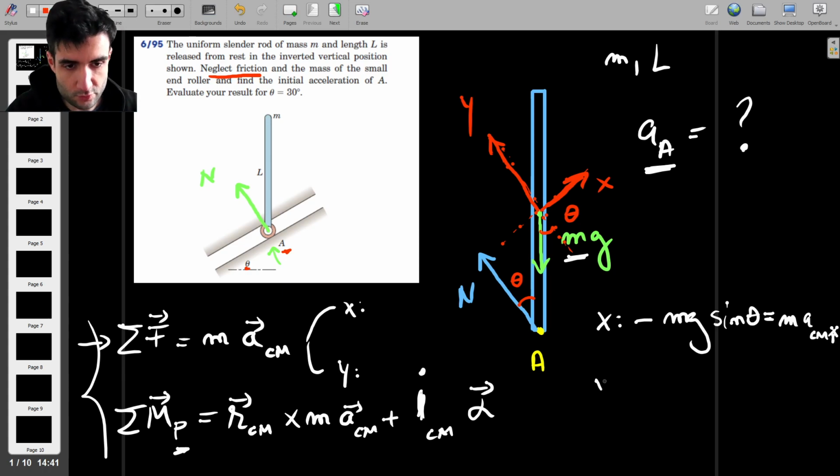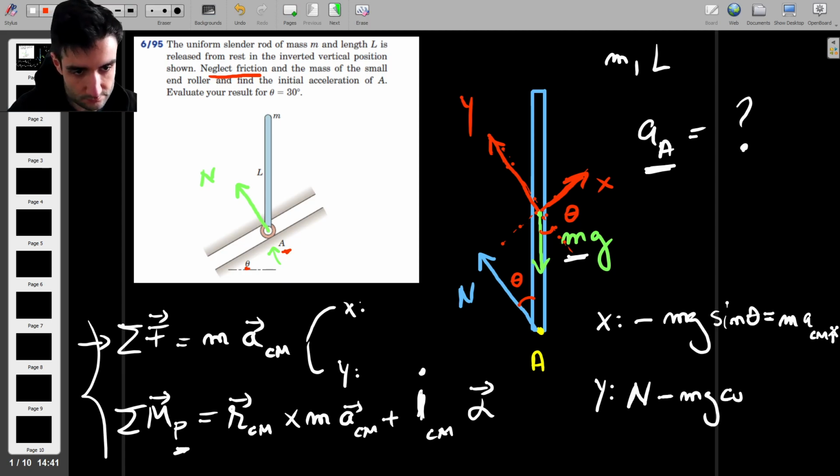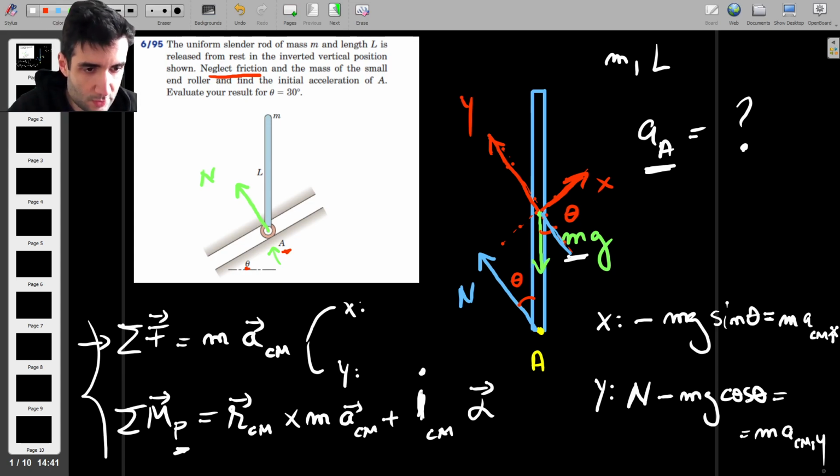And we do the same thing for y. So for y we have that n, which is in the y direction, and then minus mg cos theta. Right, so mg cos theta is basically this here. That is equal to m times the acceleration of the center of mass in the y direction. So those are the two equations of motion for the acceleration of the center of mass.